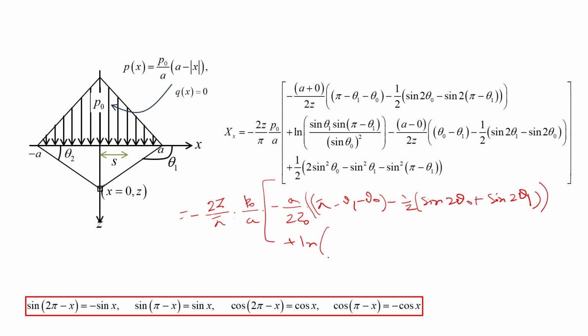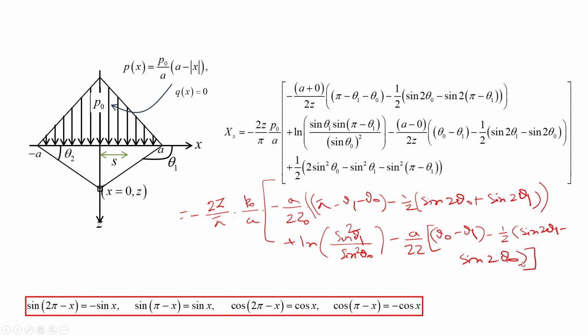ln of sin theta 1 and pi, sin pi minus theta 1 is sin theta 1. So, it is sin square theta 1 divided by sin square theta 0 over here minus a by 2 z, and this is theta 0 minus theta 1 minus half of sin 2 theta 1 minus sin 2 theta 0 like this, and then plus half of this quantity whatever is there.